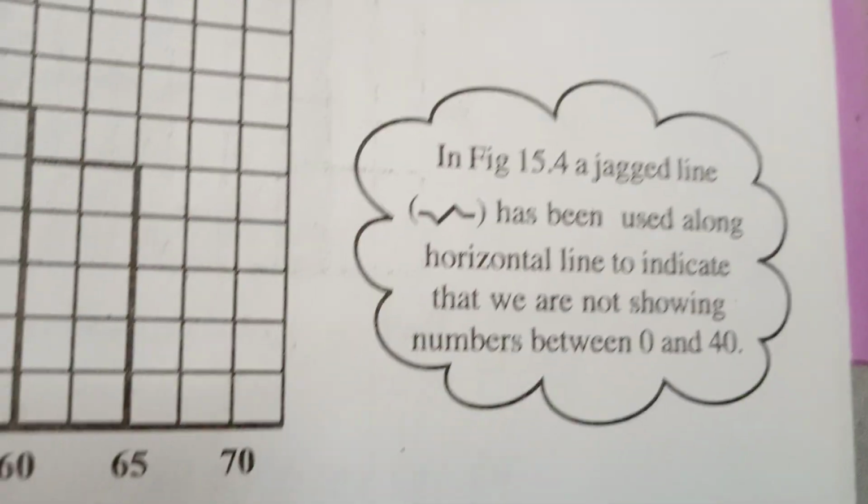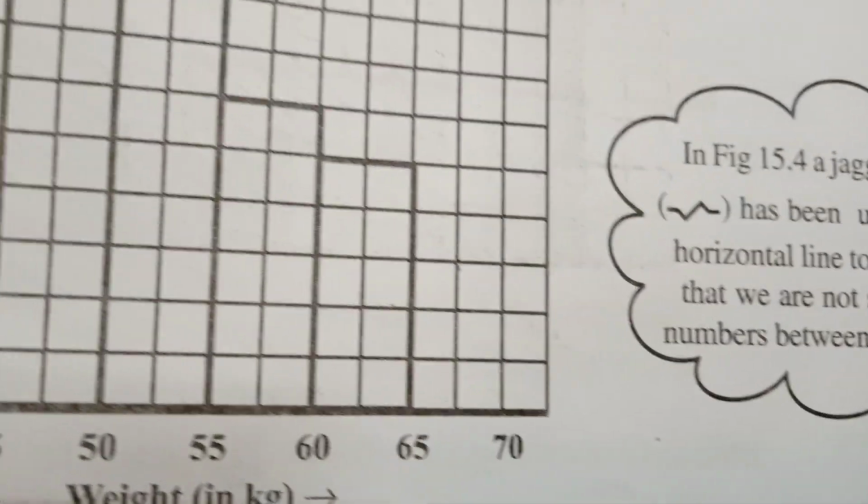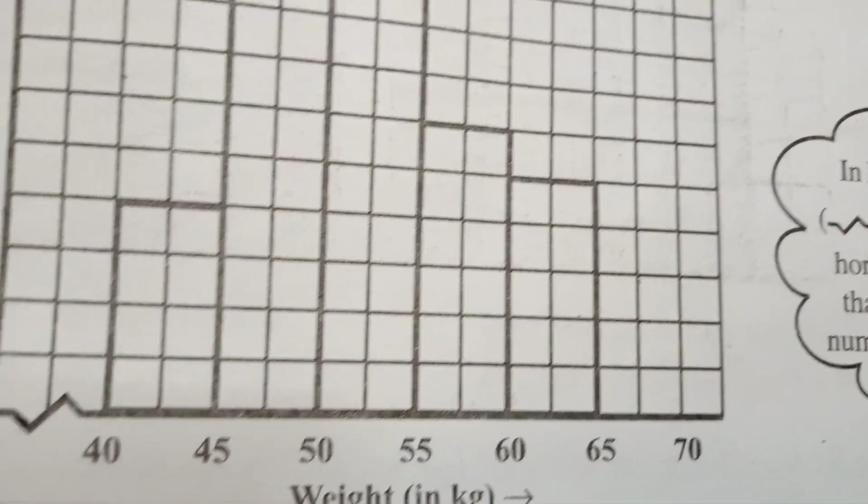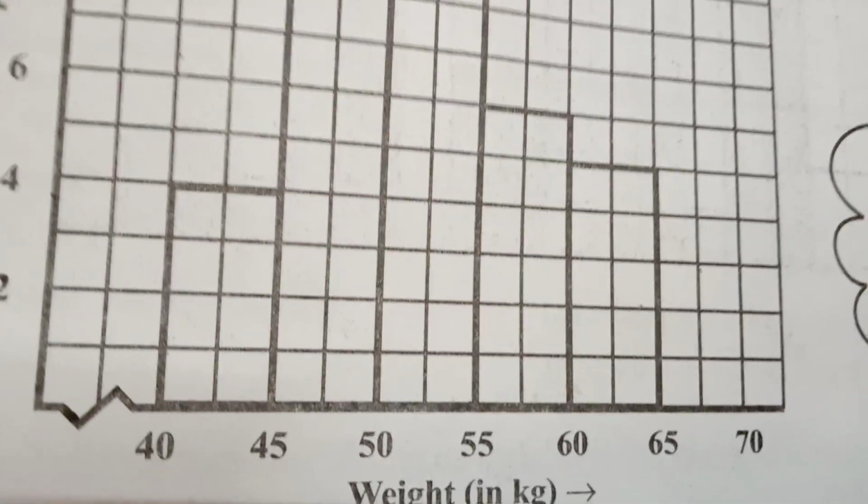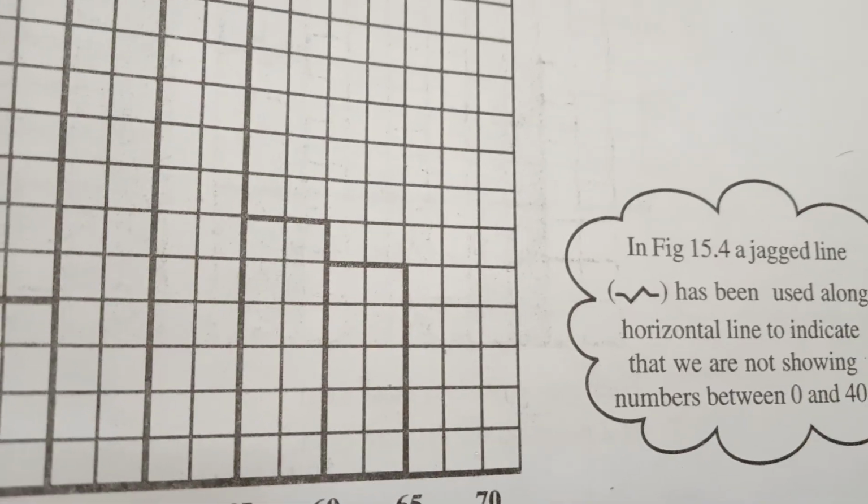And you see here, while representing this, there is a broken line appearing. Which is the broken line? That is nothing but a jogged line. A jogged line is used along the horizontal axis to indicate that we are not showing the numbers between 0 and 40.